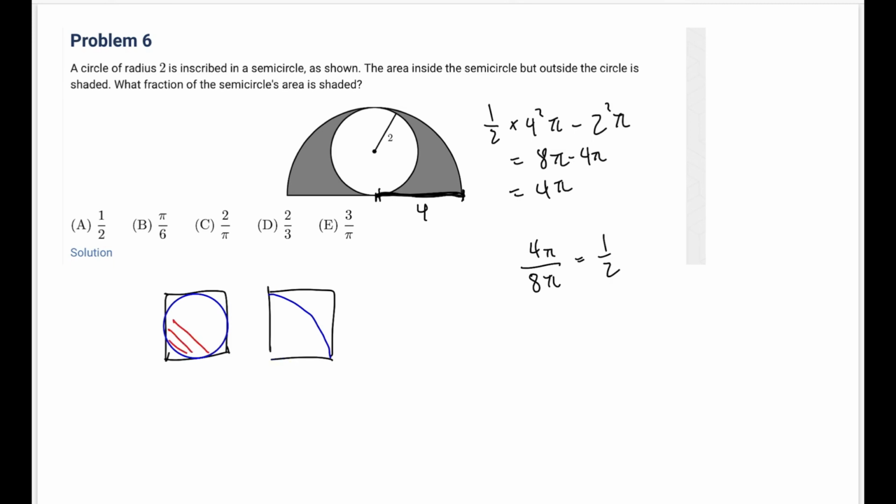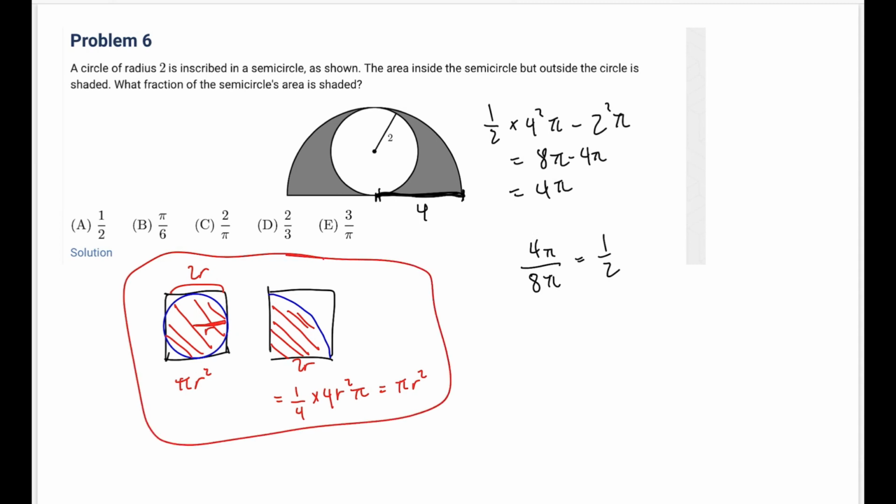So I'm saying that this area is the same as this area, and if you want me to prove it to you, then let's say that this is r, and so this would be 2r, so this would also be 2r, right? So the area of this is pi r squared, and the area of this is 1/4 times 4r squared pi, so this is pi r squared. So as you can see, the area of this circle and the area of this quarter circle is the same.